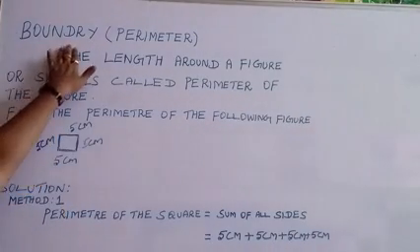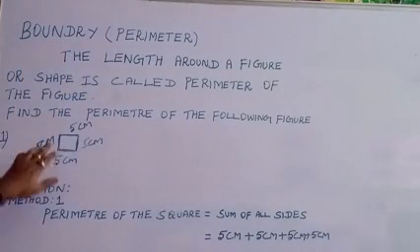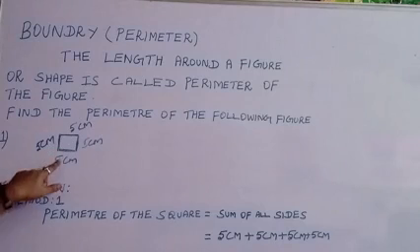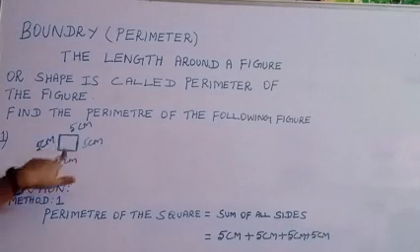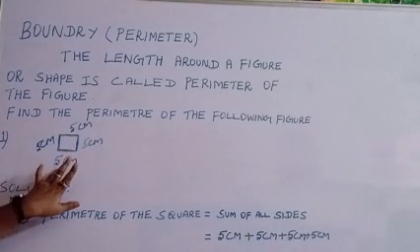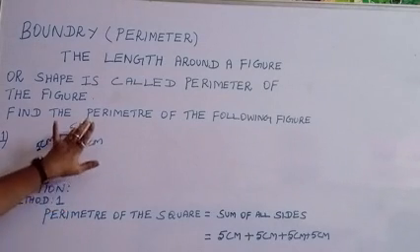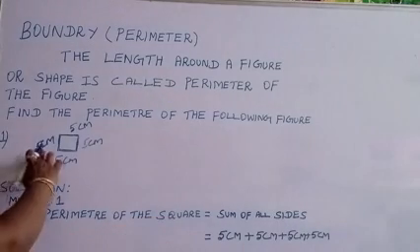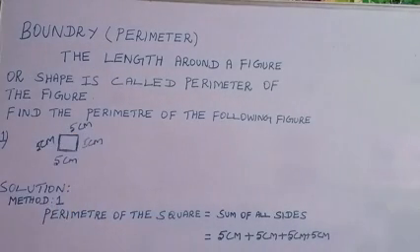So, perimeter or boundary is nothing but the length around the figure. Here we have four sides, so perimeter means 5 plus 5 plus 5 plus 5. Or else, perimeter of the square is equal to the sum of all sides.